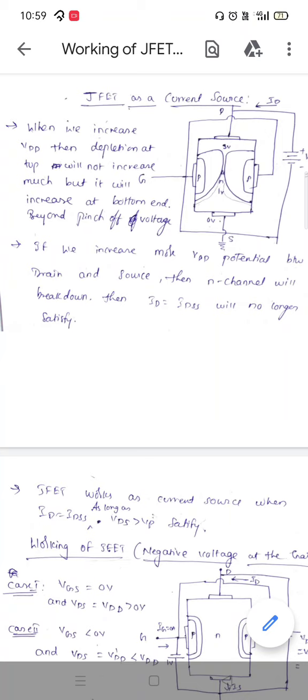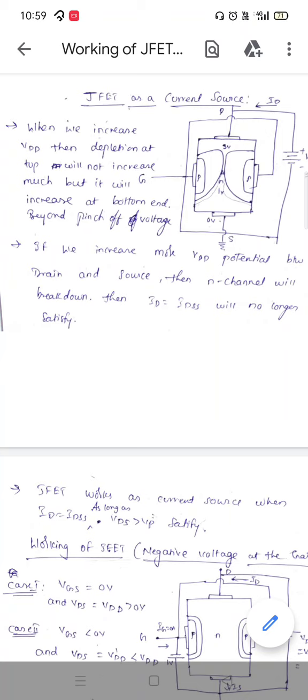When we increase the potential between the drain and source, the width of the depletion layer increases at the top end, near the drain region, and it will be thinner at the bottom end. This happens because the device is in reverse biased condition.